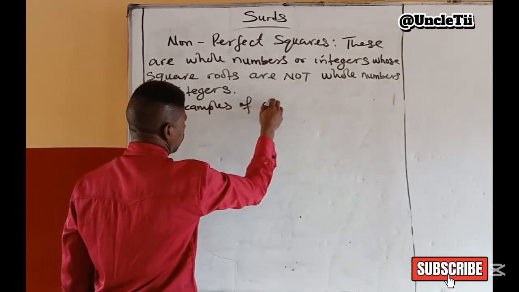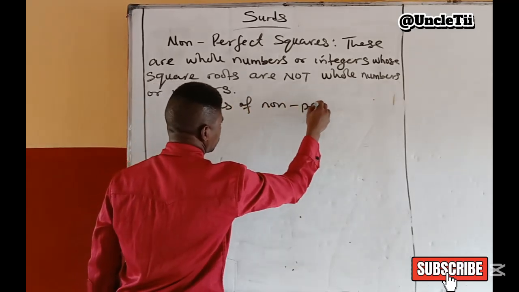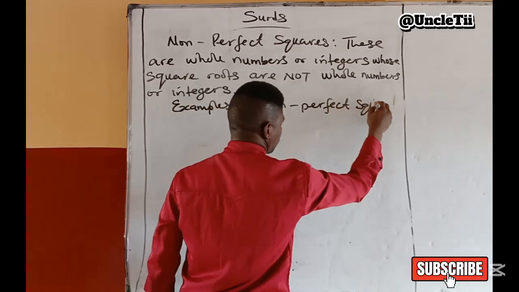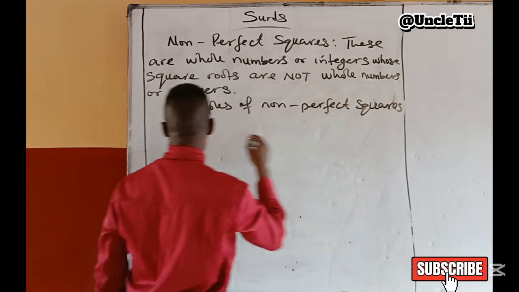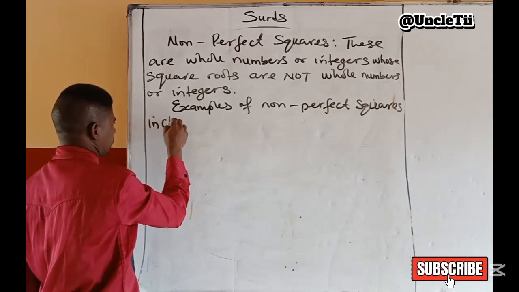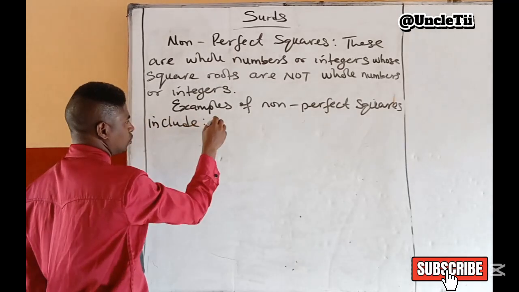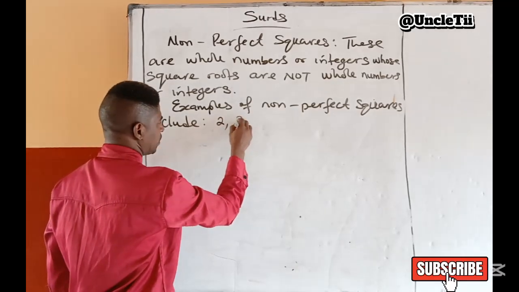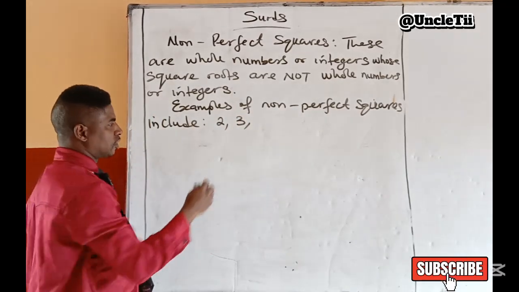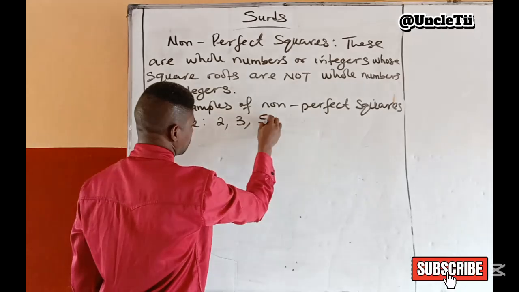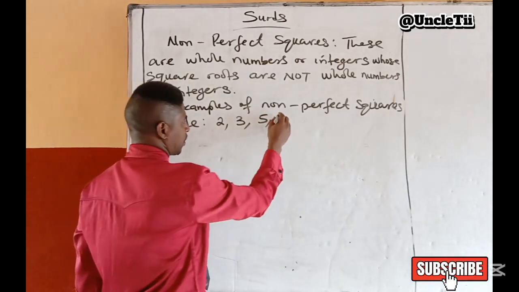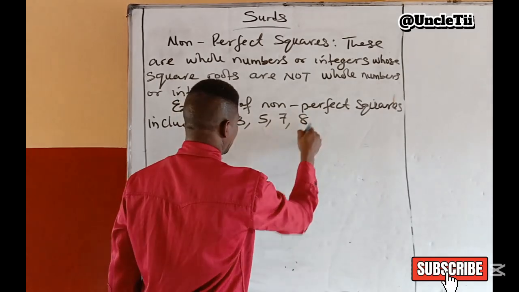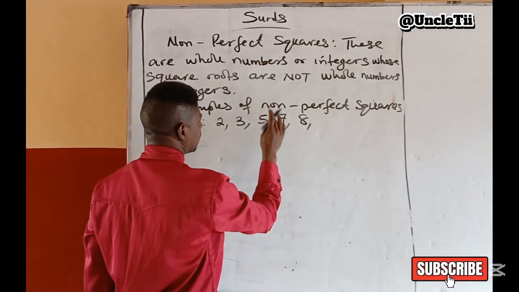Examples of non-perfect squares include 2. 2 is a non-perfect square. 3. 3 is a non-perfect square. 5, a non-perfect square. 7, a non-perfect square. 8, a non-perfect square.